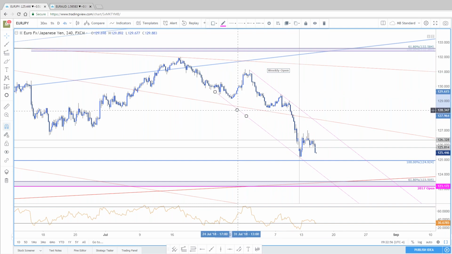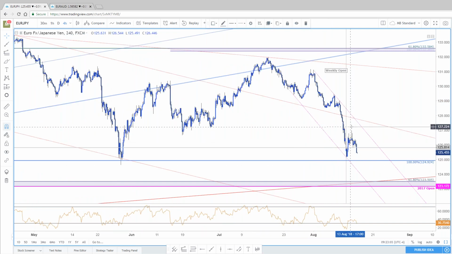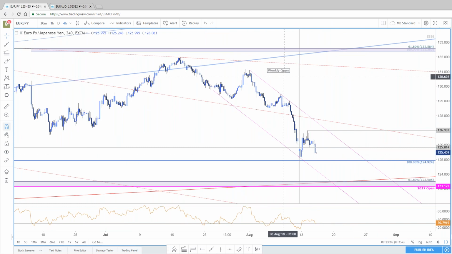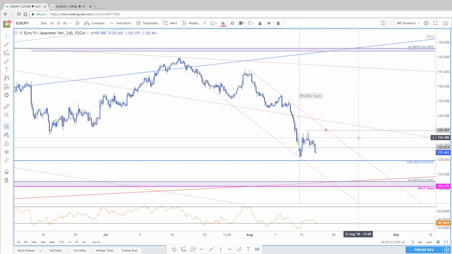All right, maybe some channeling here. Let's adjust this. Weekly opening range high gives you resistance right here on slope, which is pretty decent.